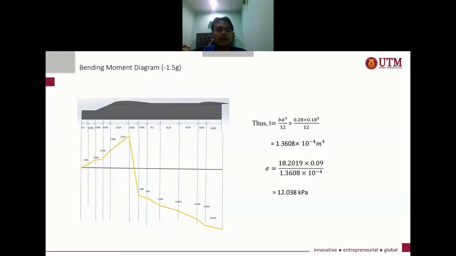For the bending moment diagram for type 2, it shows 20,000 kilopascal, and it occurs around the middle of the wing.